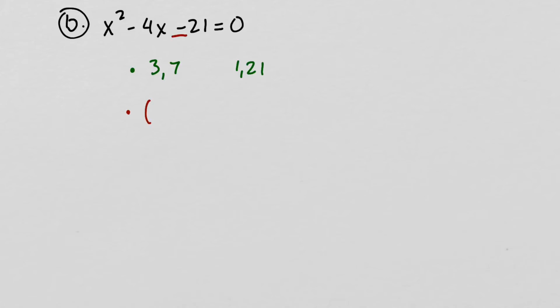In the next equation, we're given the quadratic equation x squared minus 4x minus 21 is equal to 0. 21 is the multiplication of 3 and 7, or it's also the multiplication of 1 and 21. In front of our 21, we have a negative sign, which means this is going to factor out to be an x plus some number times an x minus some number here. Then we need the sum of our numbers, d and e, to be equal to negative 4.